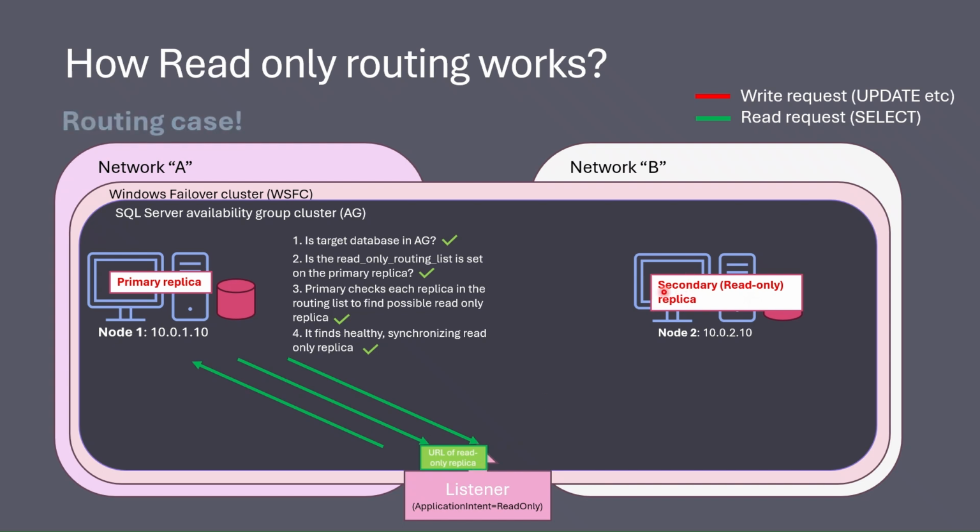After finding the read-only replica, the primary responds to the client and submits the URL of this healthy secondary replica which can accept read-only routing. As you can see, if you connect mistakenly to a different database, or if you do not specify application intent read-only, or if you do not have any kind of healthy secondary replica, read-only routing does not work.